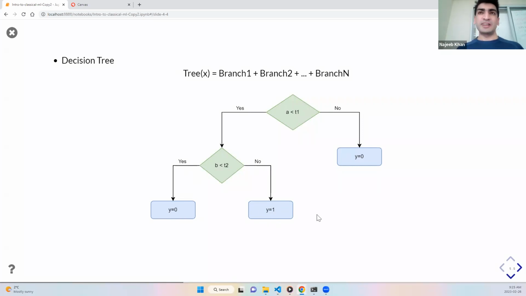Any computer scientist or someone familiar with programming would know that these are just if-else statements, which is fine. So where is machine learning in here? The machine learning part comes in for deciding what the values of T1 and T2 should be, and whether you should ask a question about A first or about B first.